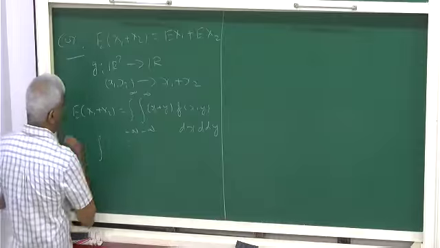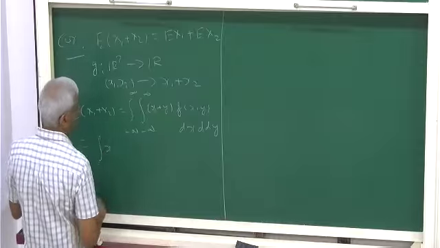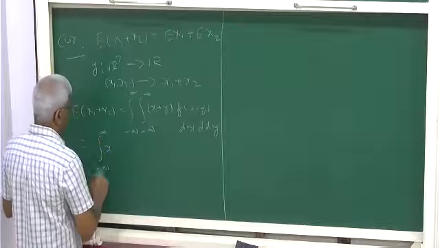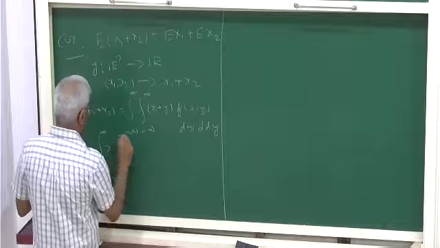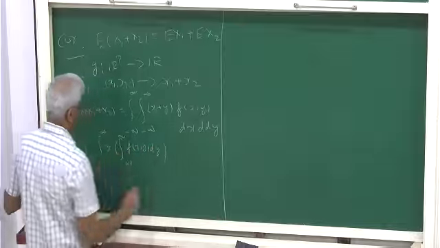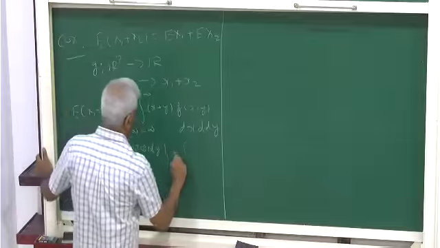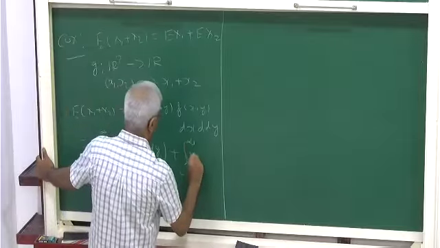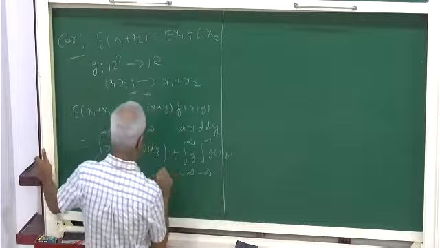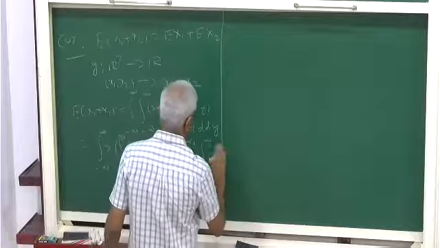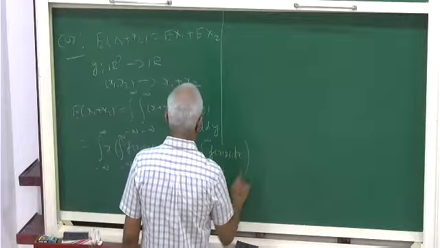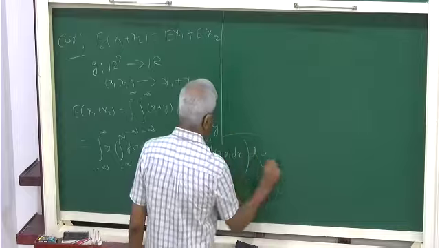This is equal to the integral over x, where you just keep x, of the integral from minus infinity to infinity of f of xy dy. Similarly, the integral of y times the integral of f of xy dx, with dy outside.